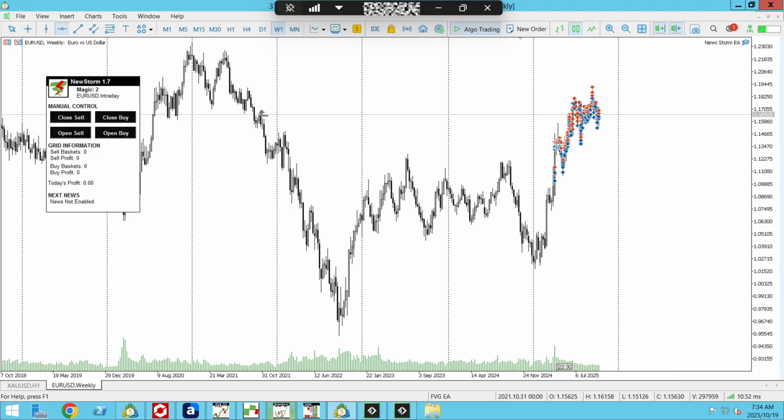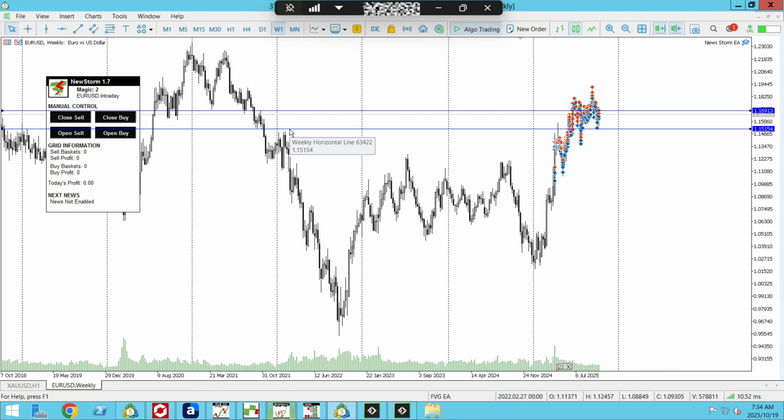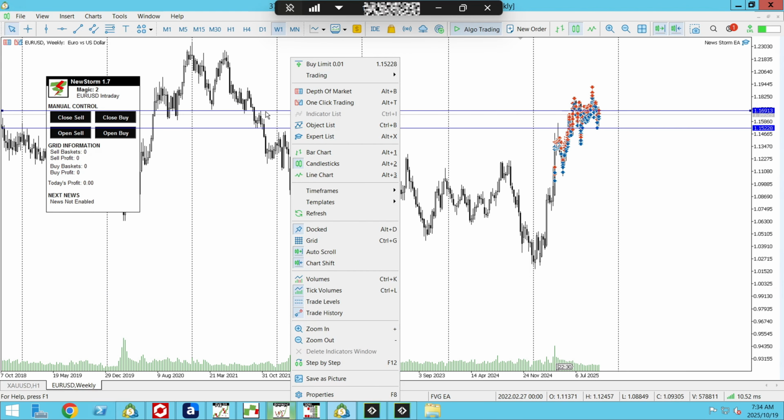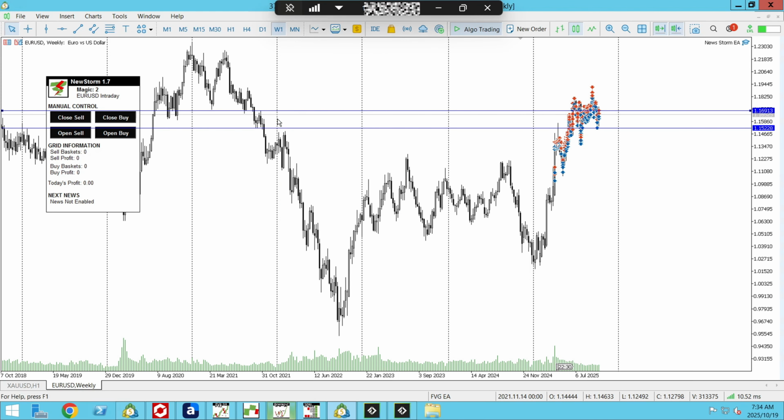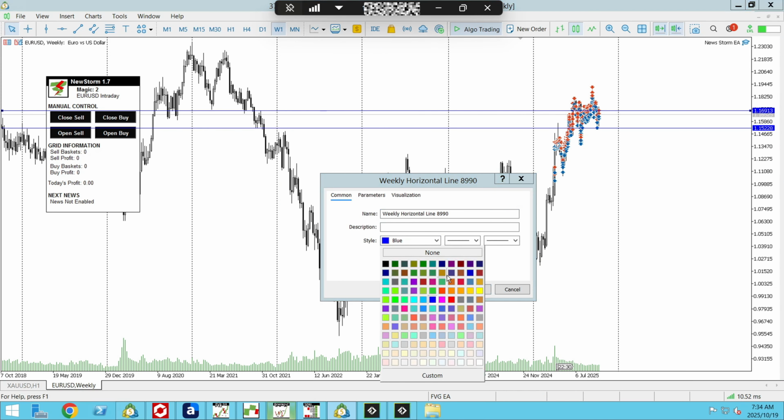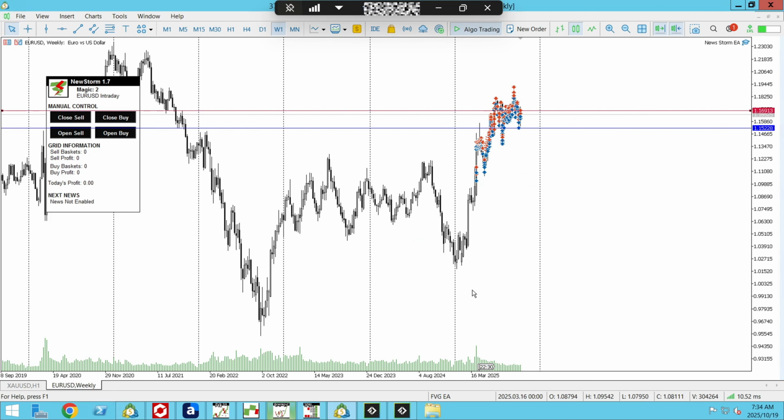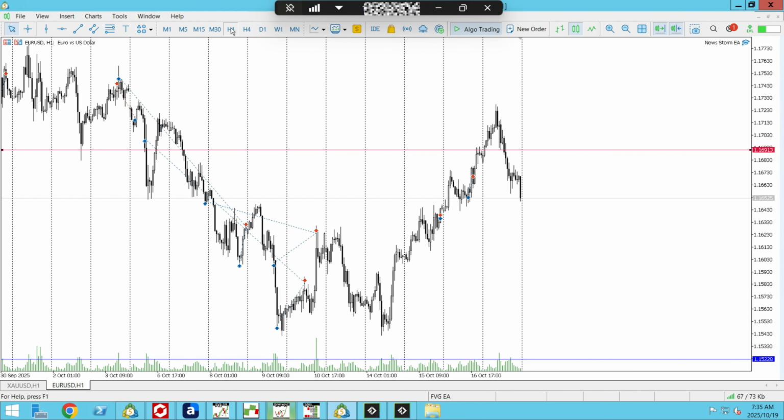So if I just take the high here, and let me take the low of my block, which is here, and let me just change the colors. So let's say blue for the start, and let me put red for the end of the block. Okay, and now let me go back to my H1.